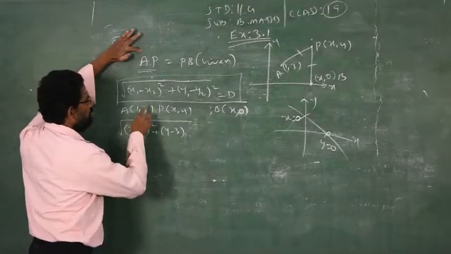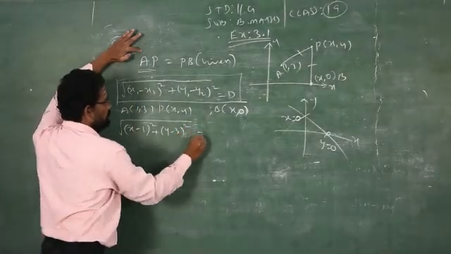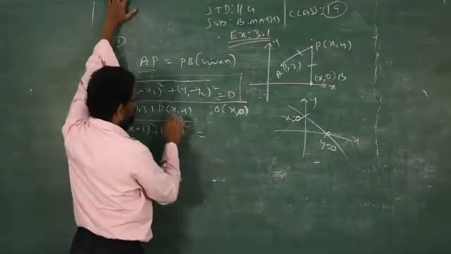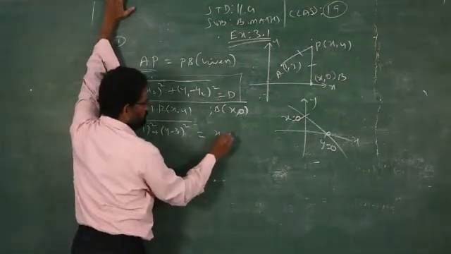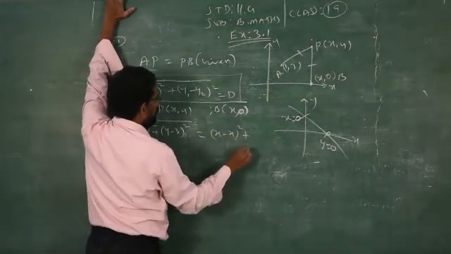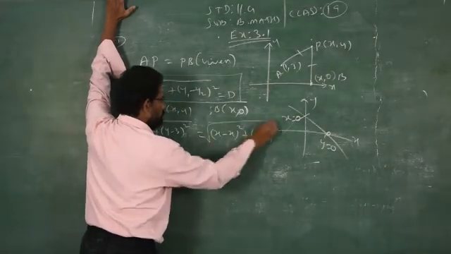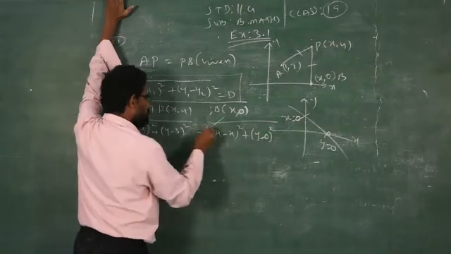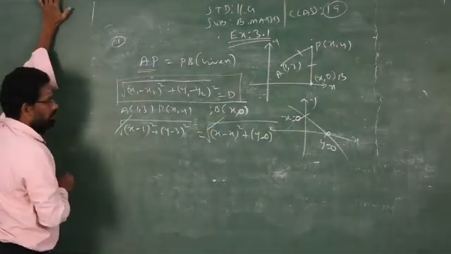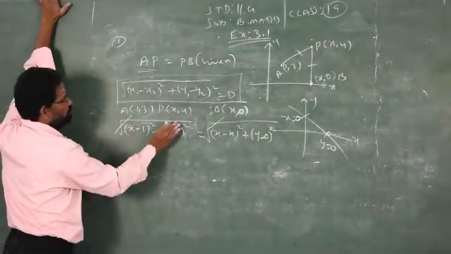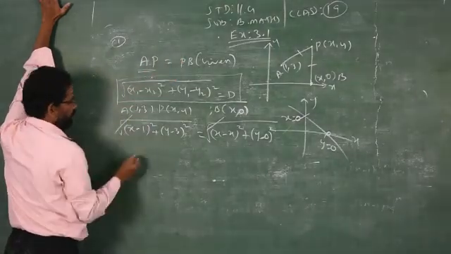Then y minus 3, I applied this formula, the whole square is equal to the right side, again (x minus x) the whole square plus (y minus 0) the whole square, under the root. On both sides the square root gets cancelled. Or if you want to eliminate the square root, you can square both sides.